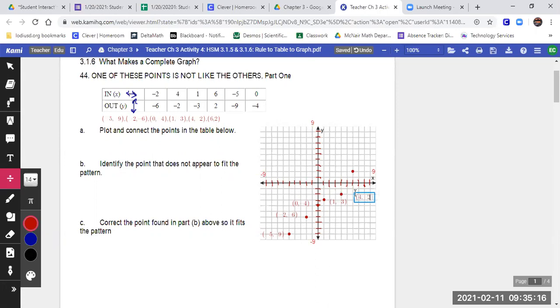Why is the parentheses important? I've told you guys over and over. Who remembers what I said about why the parentheses is important? If I just have two numbers with a comma between them, is that going to make a coordinate?